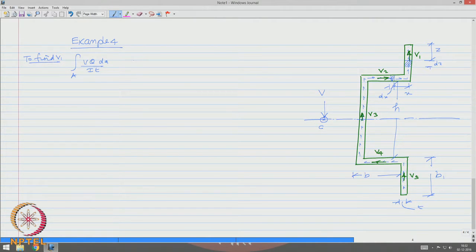Now, area is T z, d area is T d z and y bar is h by 2 plus B 1 minus z by 2.